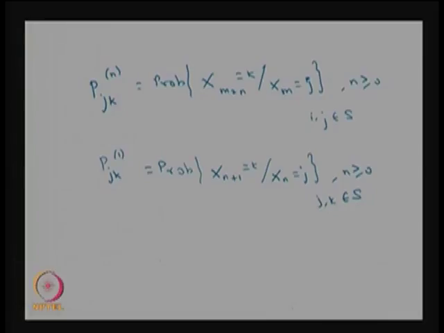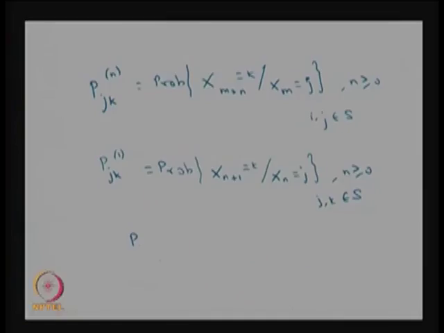Our interest is to find the distribution of X_n, whenever the sequence of random variables X_n is a time homogeneous DTMC. It has the probability mass function p_j of n, that is the probability that the system will be in the state j at the nth step, where j belongs to S and n can be 1, 2 and so on, because we know the distribution at n equal to 0.